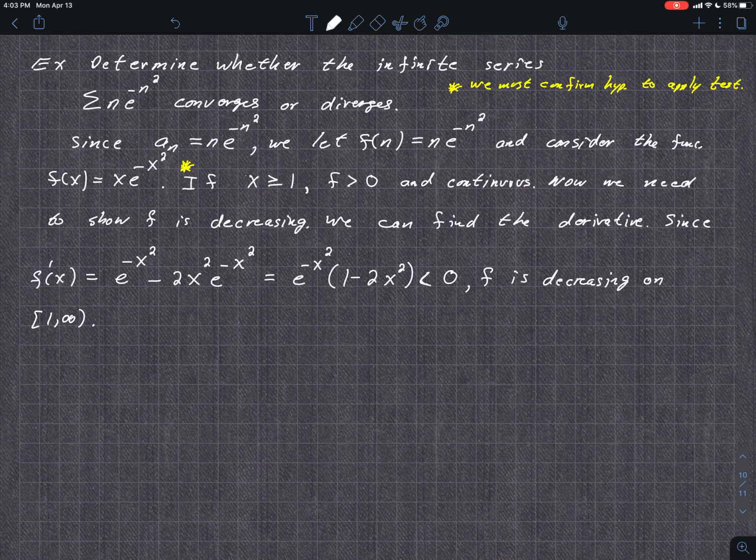Once you do that, you can apply the integral test. So we may apply the integral test.